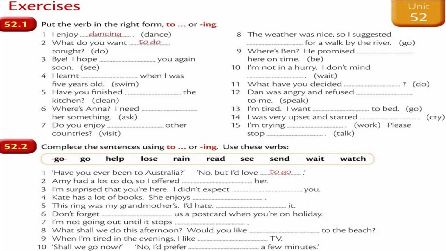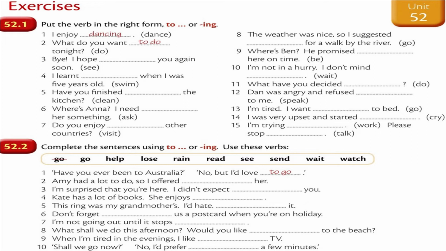52.2. Complete the sentences using to or ing. Use these verbs: go, go, help, lose, rain, read, see, send, wait, watch.